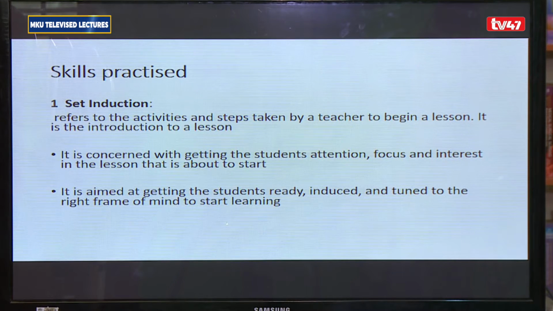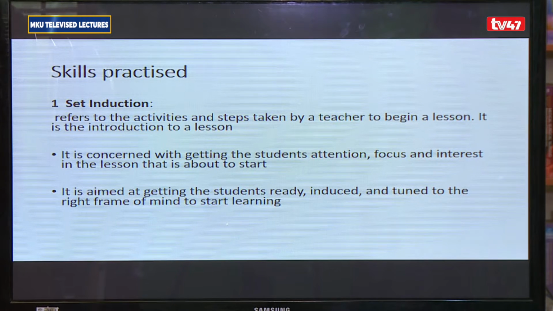It is aimed at getting the students ready, induced, or tuned to the right frame of mind or mindset to start learning. Perhaps the previous lesson was a Kiswahili lesson or a geography lesson, and this time you are teaching a mathematics lesson or a physics lesson and so on. So you need to shift from the previous to the present lesson.